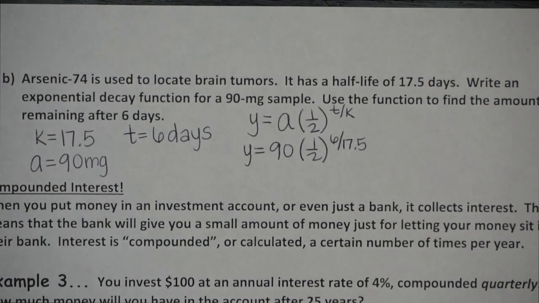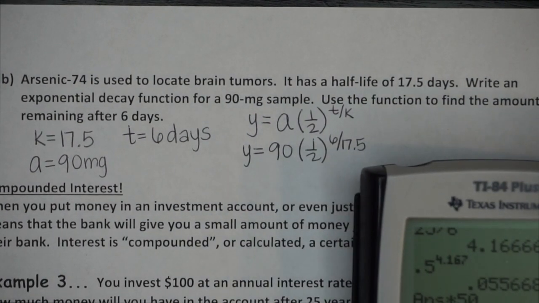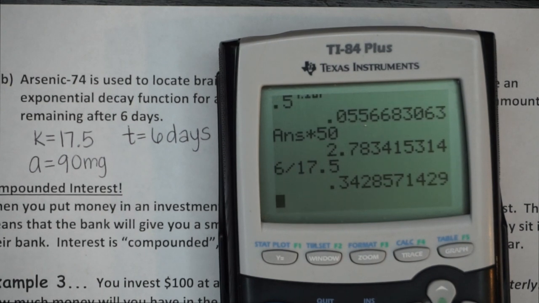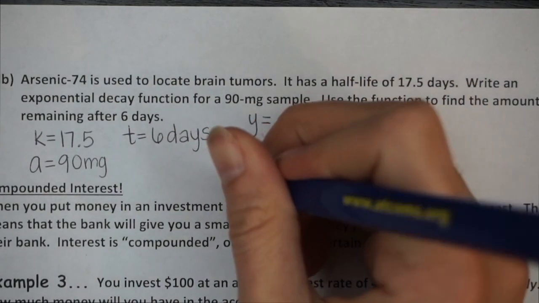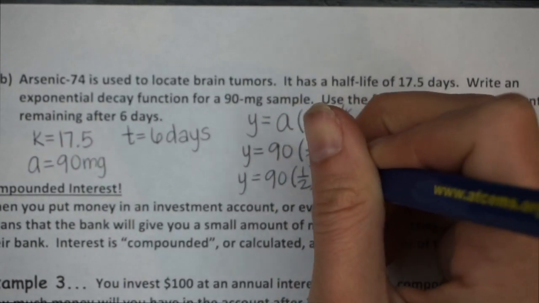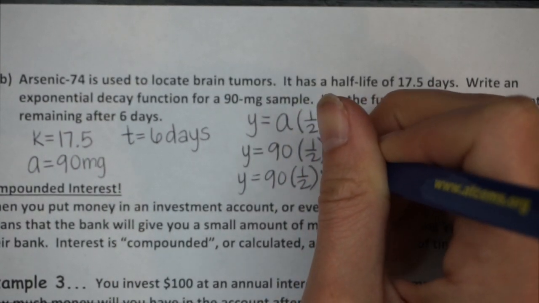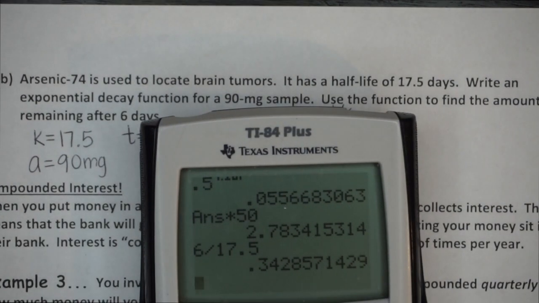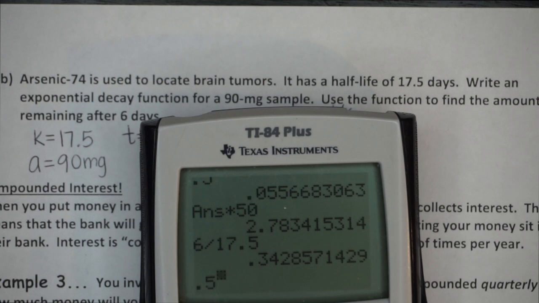I'm going to do that part on my calculator first. The t divided by k, 6 divided by 17.5, is 0.34, let's say 0.343. All right, I'm going to do the 1/2 to the 0.343 power. Remember, 1/2 is 0.5. I'm just going to type it in that way so it's easier.